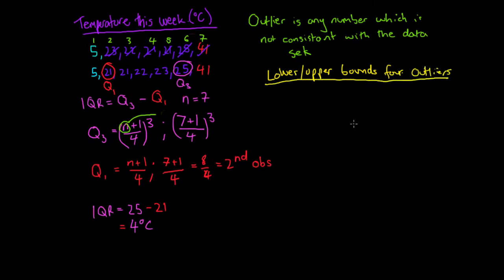What this says is that for a lower bound, any number which is less than the lower quartile minus 1.5 times by the IQR will be an outlier.